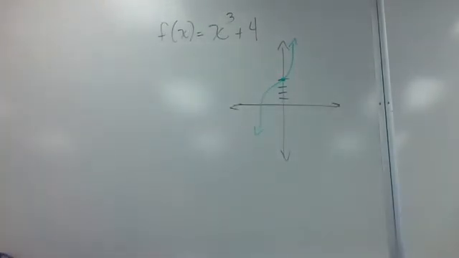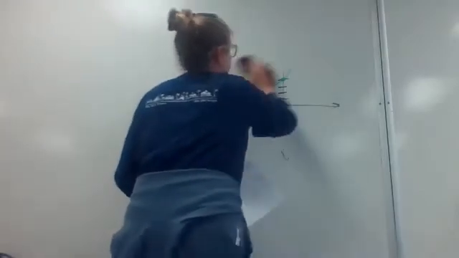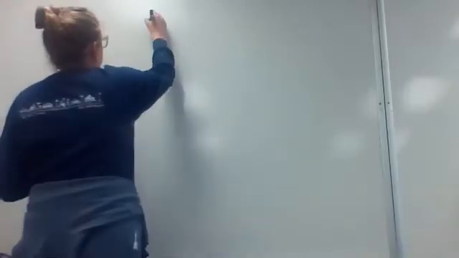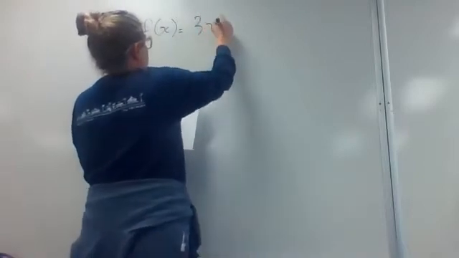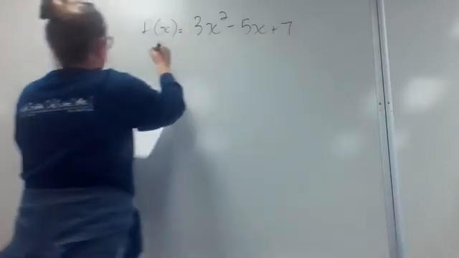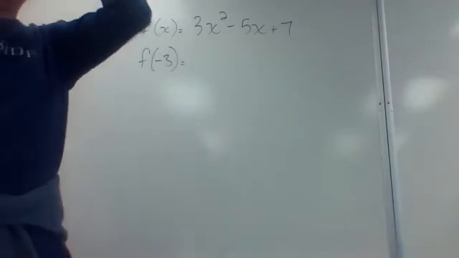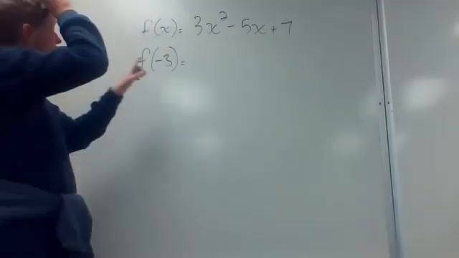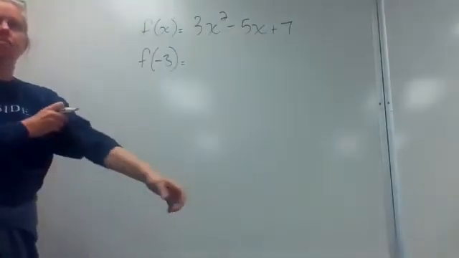Right, number 2. Find the function value. Right, f of x equals 3x squared minus 5x plus 7, and it wants me to find f of negative 3. Okay, so what does this mean to do? That means to go and replace your x's in this function with negative 3.